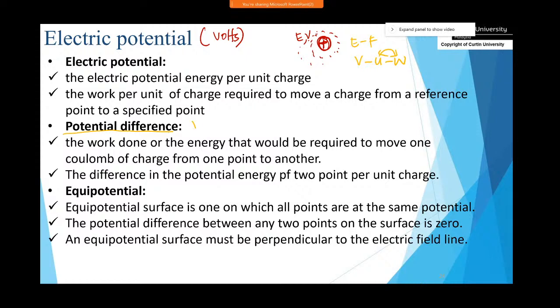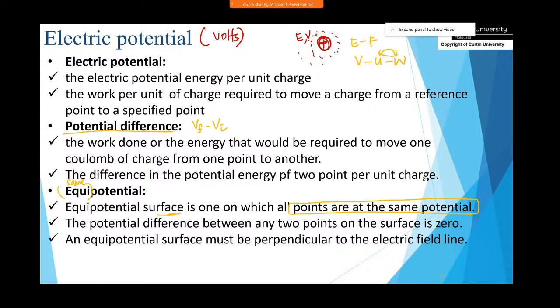Potential difference is the difference in potential whereby it relates with the position. So it will be the final potential minus the initial potential. And equipotential means same. So same potential, which means on an equipotential surface, the potentials are the same.